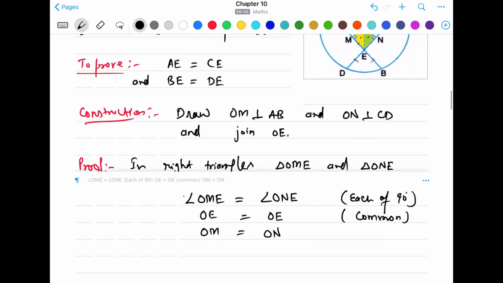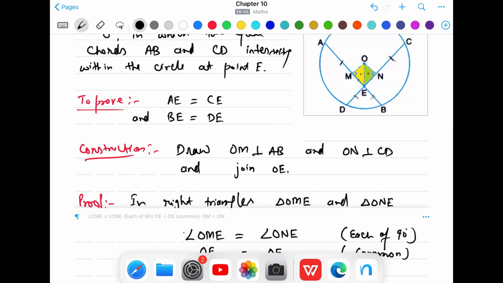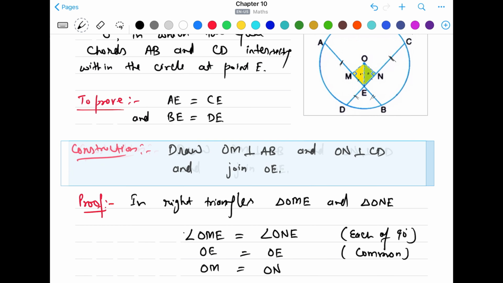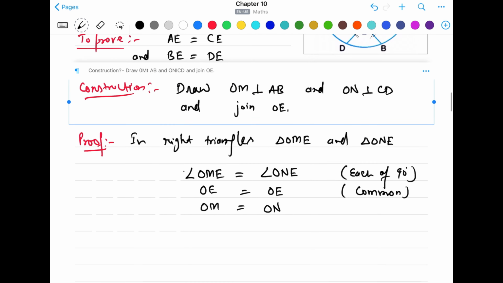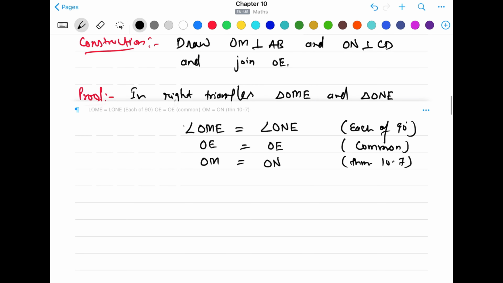The reason for this one is these AB and CD are the two equal chords, therefore their distance from the center will be equal. This is by the theorem 10.7. You have to write the statement of the theorem here, that is the chords equidistant from the center are equal in length. Okay, or if the lengths of the chords are equal, then they are equidistant from the center.